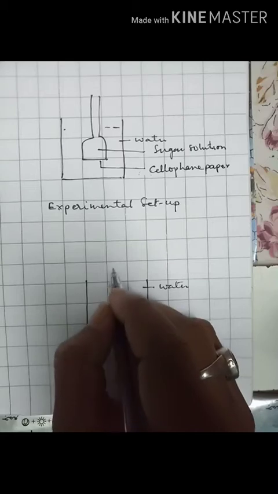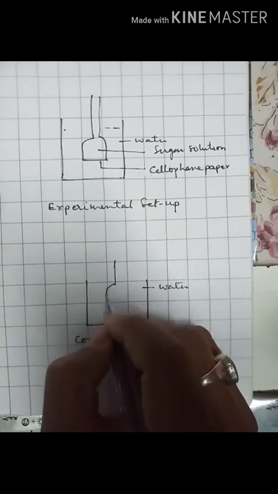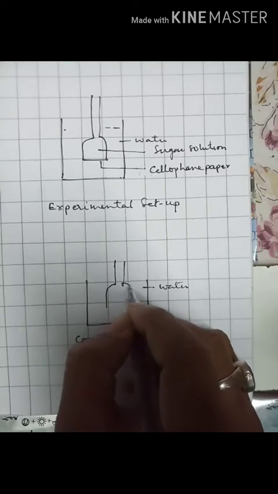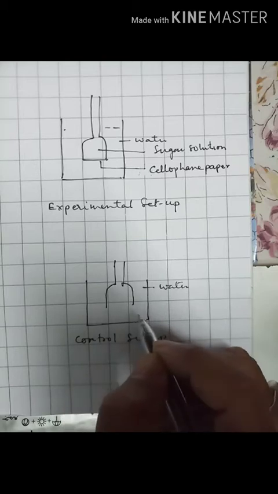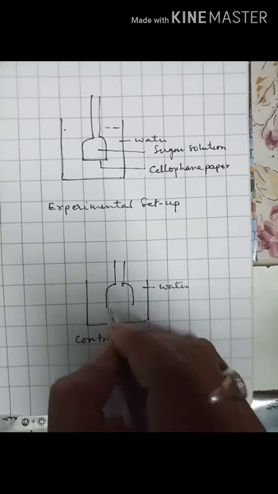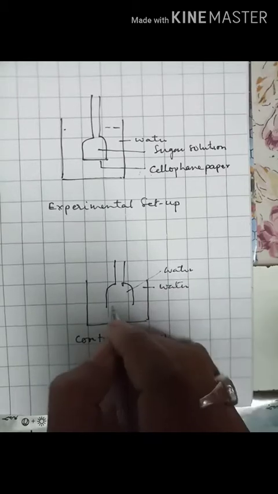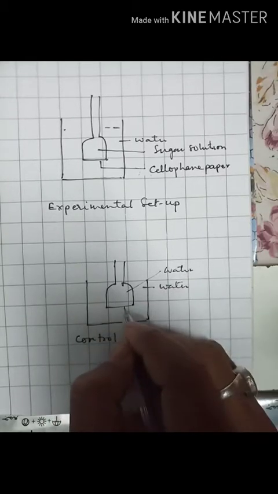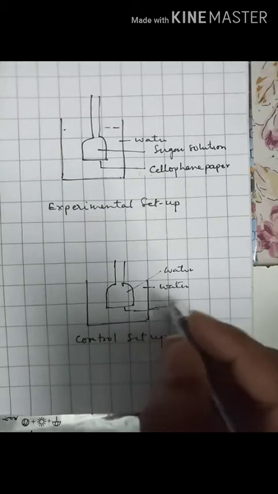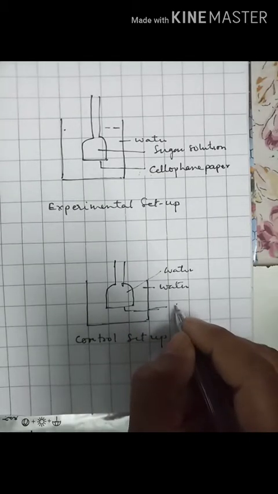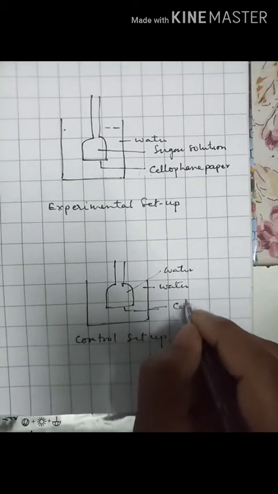In the control setup also, keep a Thistle funnel inverted with water in it and cover the mouth again by the same artificial semi-permeable membrane, that is cellophane paper.